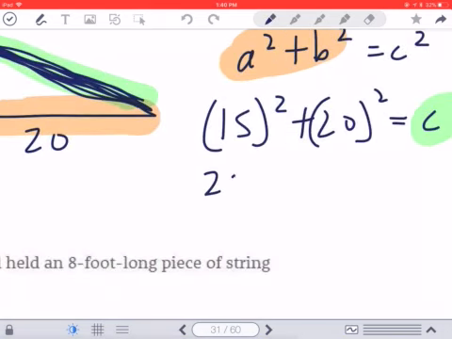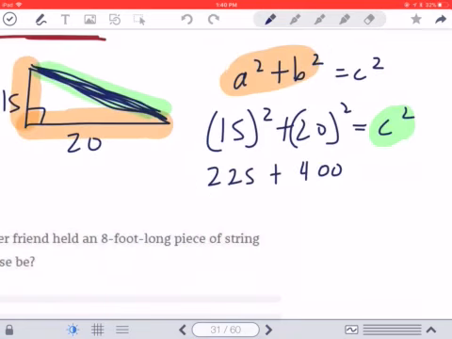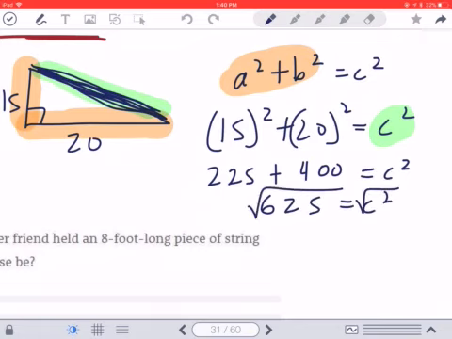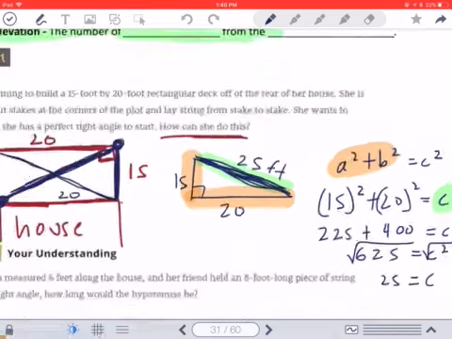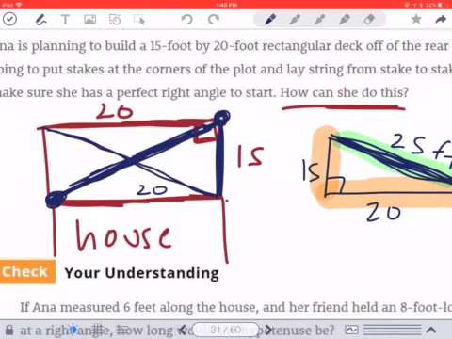So this is going to be 225 plus 400 equals c squared. And I get 625 equals c squared. If I take the square root of that, I get 25. So this diagonal is going to be 25 feet. And this diagonal is going to be 25 feet here. We'll do that in green. So this is going to be 25 feet. This is going to be 25 feet.